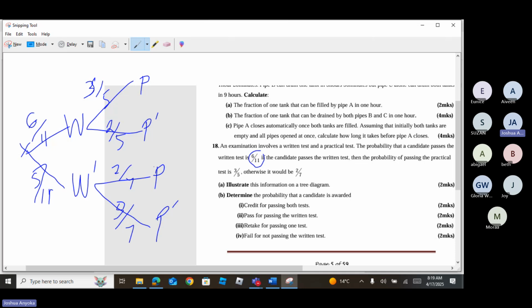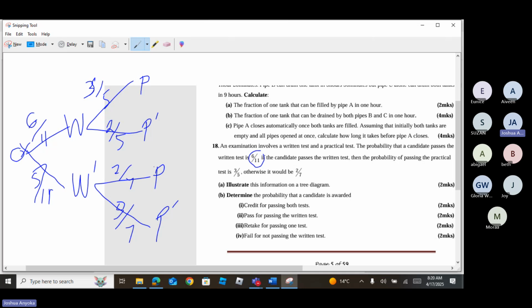So a probability tree diagram must have something we call kind of origin. State the origin, although it's not very necessary, but it's good to look organized, have the origin there. So we have answered part A.